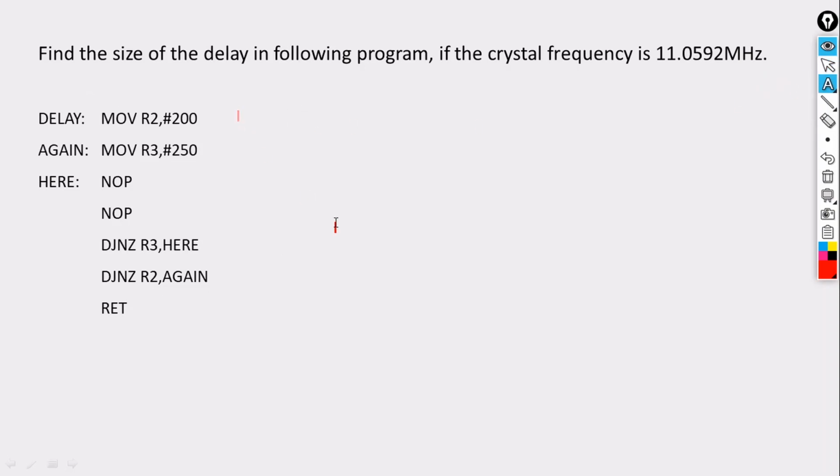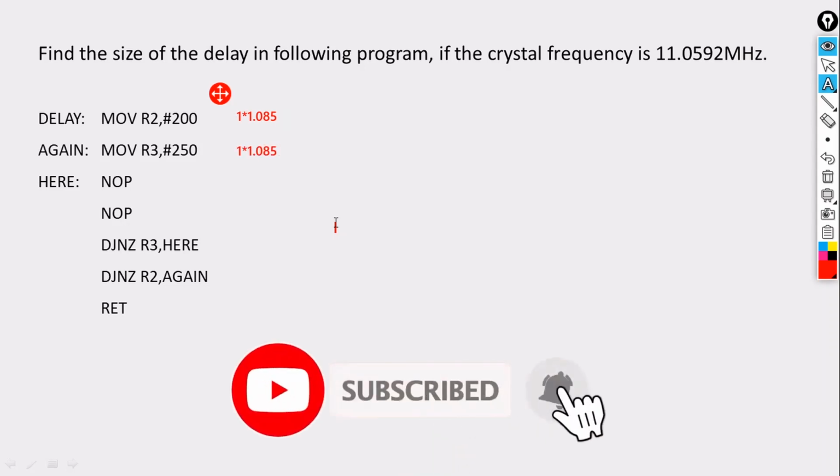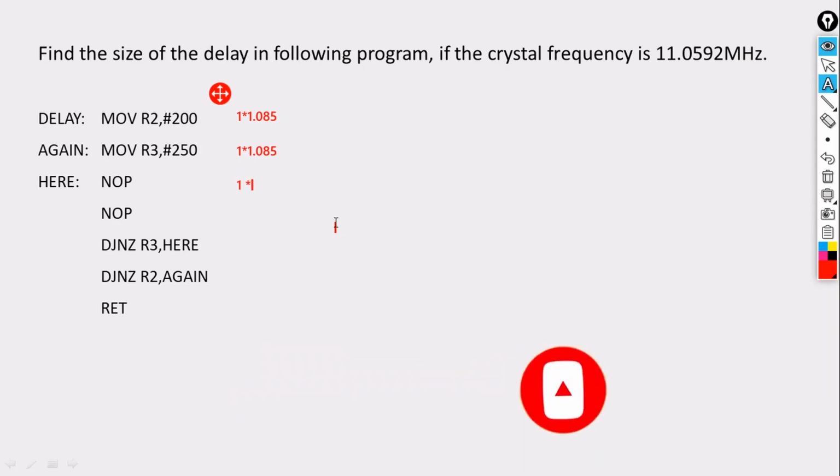For this instruction, it is going to be executed only once, so I'll be using 1 into 1.085. And here again it is 1 into 1.085. Our NOP operation again takes one machine cycle, and again here NOP takes one machine cycle.